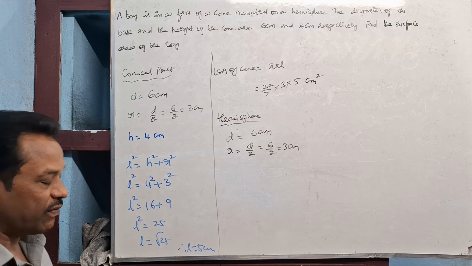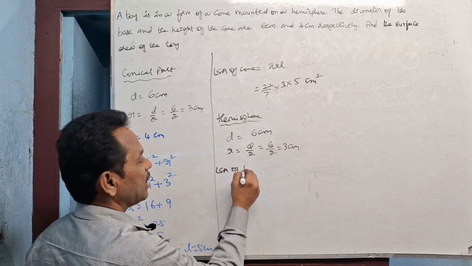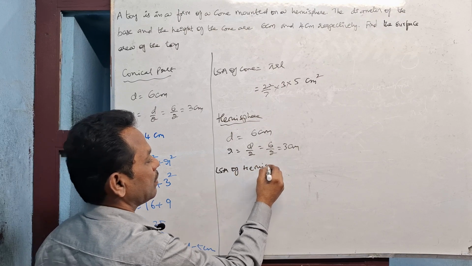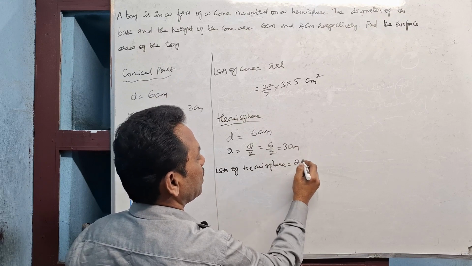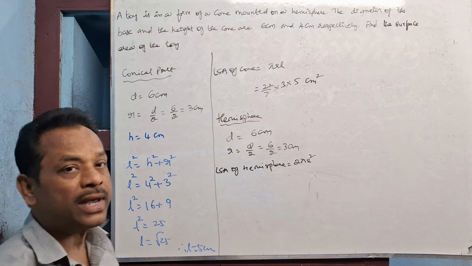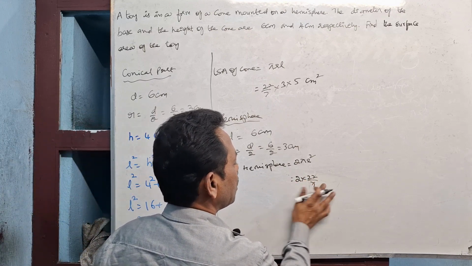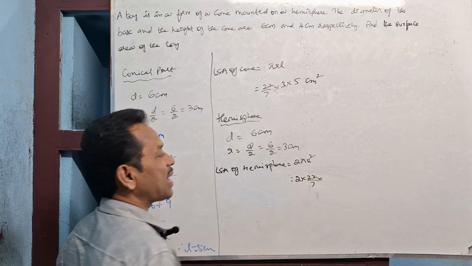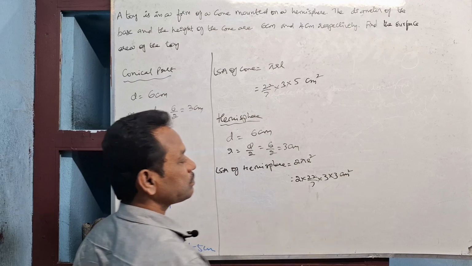Now let's find the LSA of the hemisphere. The formula says 2 pi r square. Let me write 2 into 22 by 7 into r square, where r is 3, so 3 into 3 centimeter square.